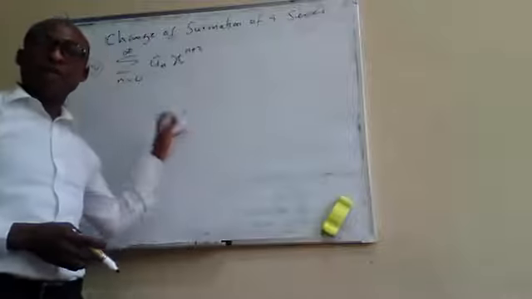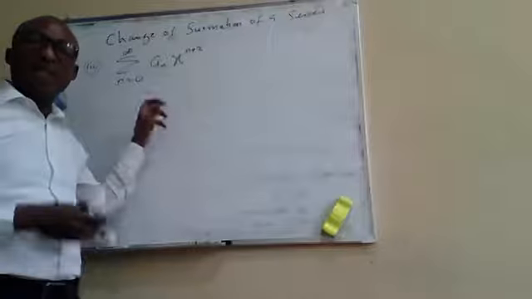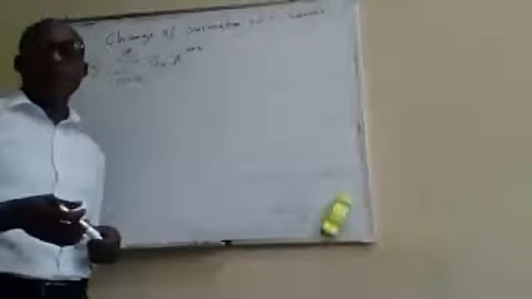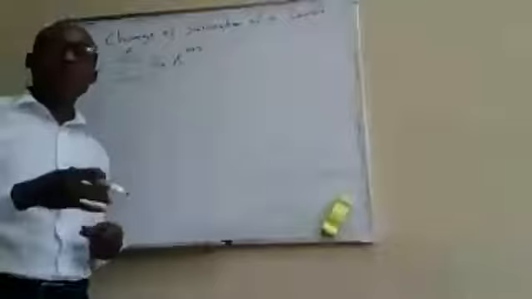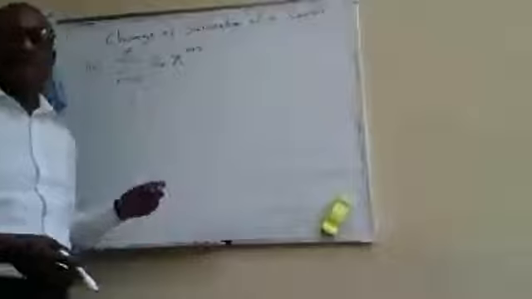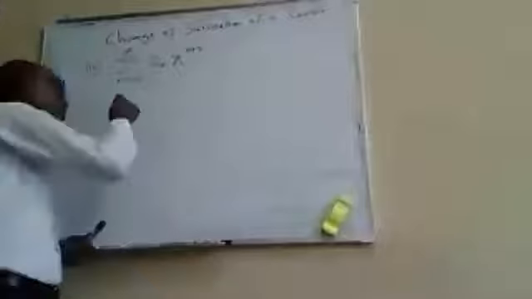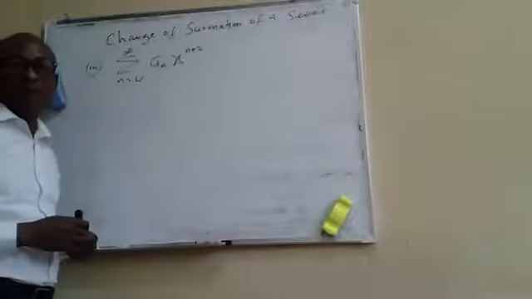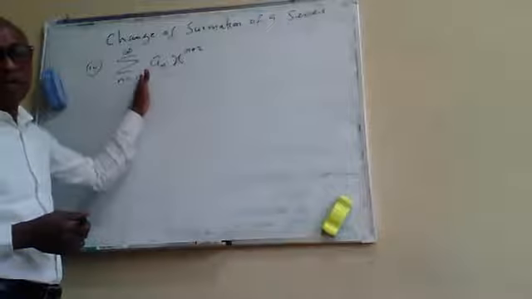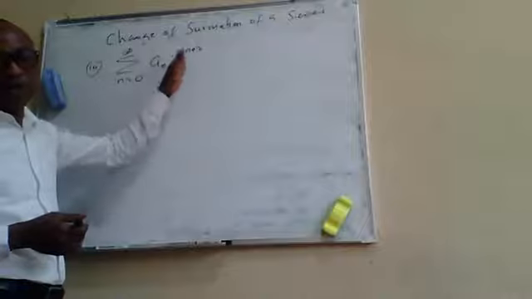When it was starting from 2, we were changing n to n plus 1. But when you want to move the summation from 0 to 1, anywhere you see n, replace it with n minus 1. That means you want to change the summation from 0 to infinity to 1 to infinity.